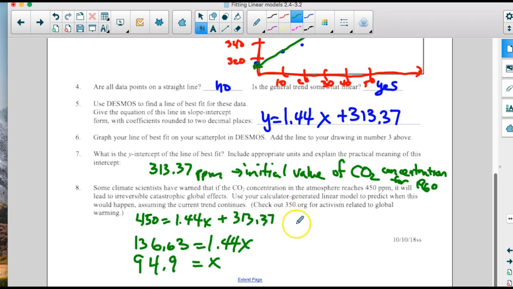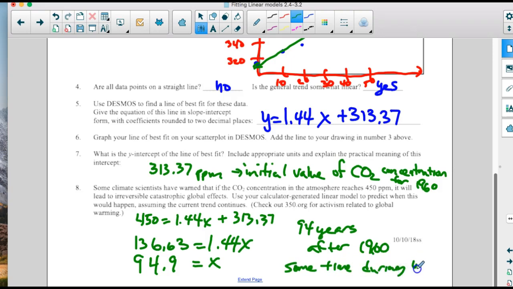So that would be 94 years after 1960, which is 2054. So sometime during the year 2054, we'll reach that level by using this model.